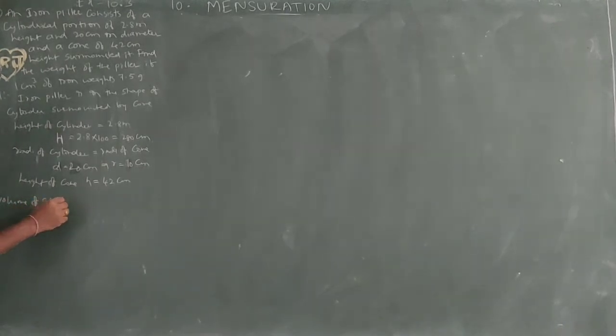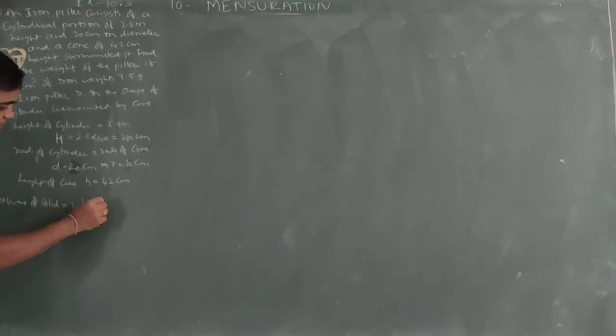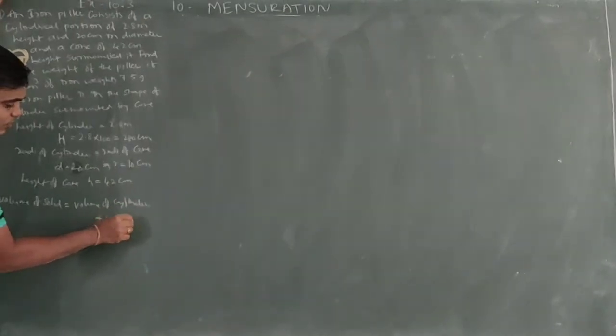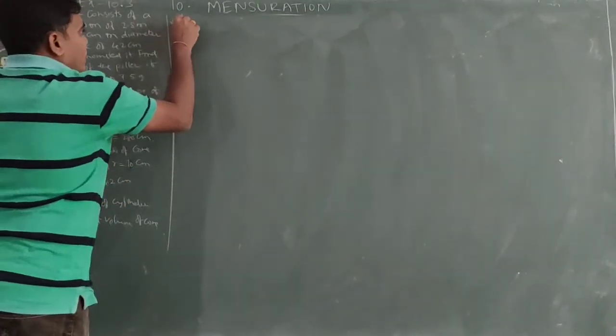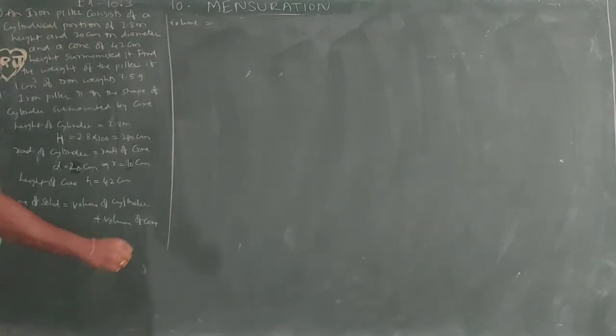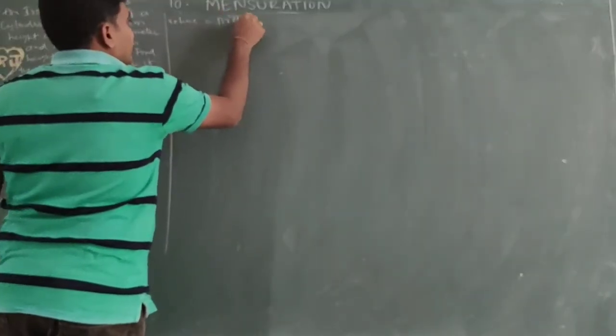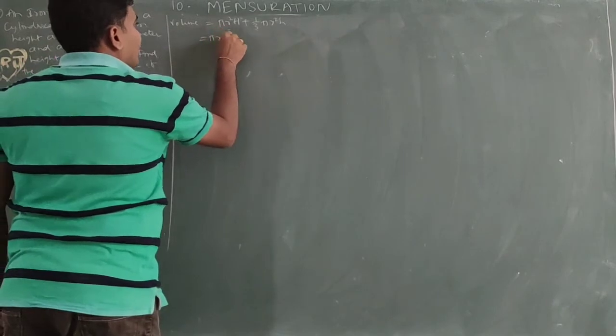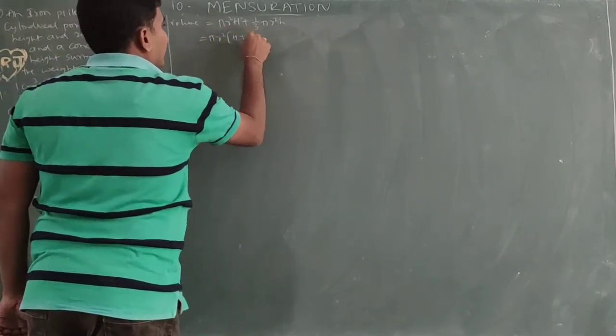So before weight, the volume of the solid is equal to the volume of the cylinder plus the volume of the cone. The cylinder volume formula is pi r square capital H, and the cone is 1 by 3 pi r square small h. The radius is the same but the height will be different. So what is common? Pi r square is common: capital H plus 1 by 3 small h.